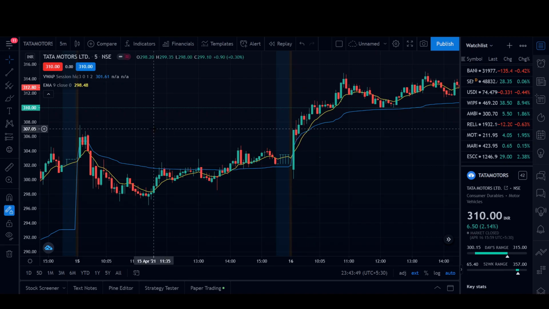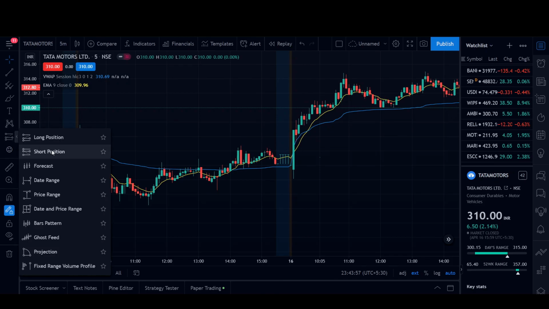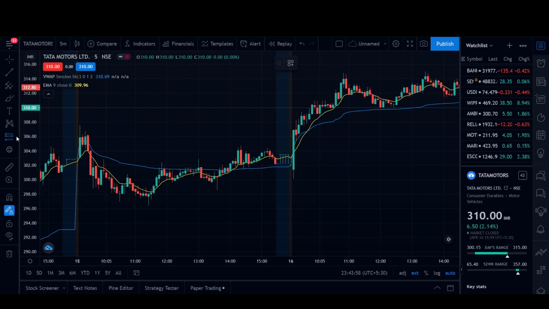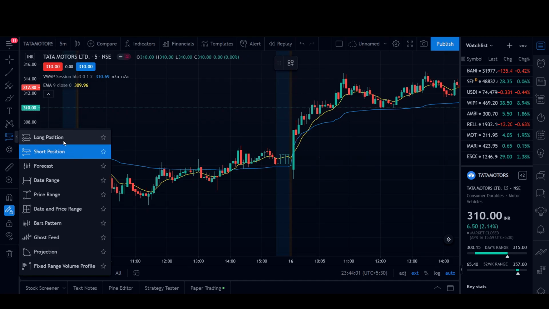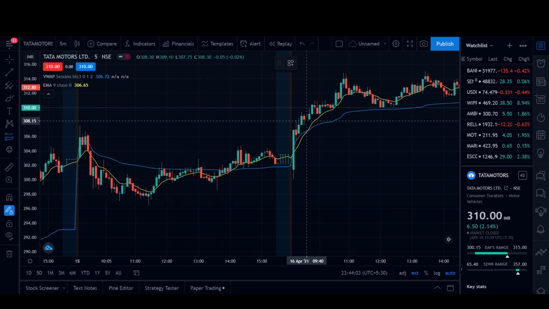So we will enter here. Let's say we bought the stock at a short position, I mean, sorry, a long position. Let's say we entered somewhere at 308, 330, 325, whatever. We entered here.